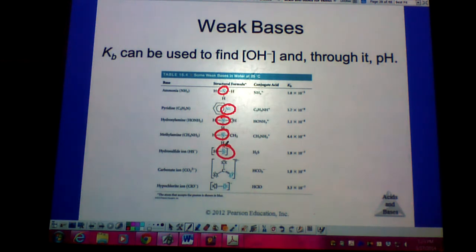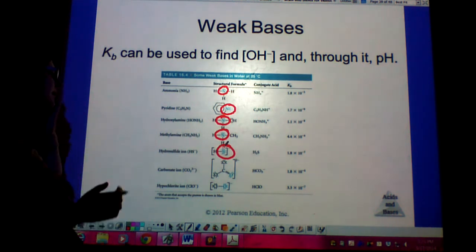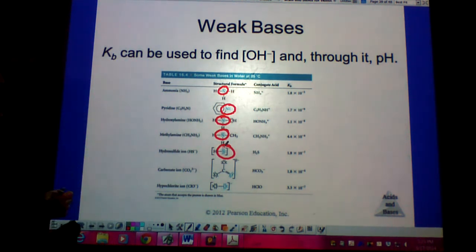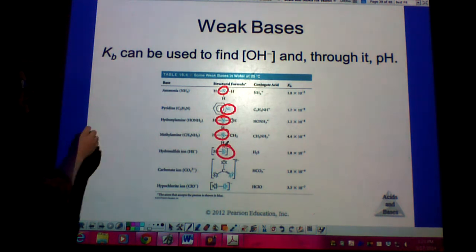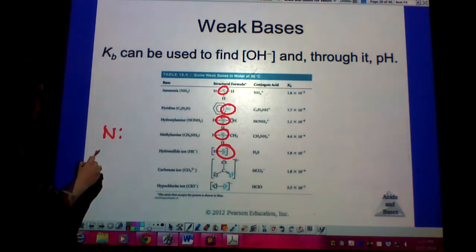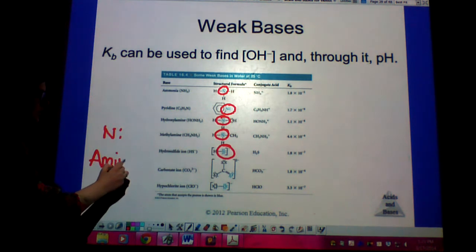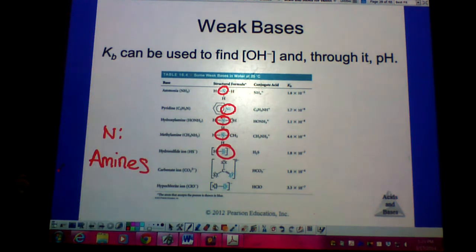Usually weak bases contain one or more lone pairs, because it's necessary for that lone pair to bond with a hydrogen ion. So most weak bases should contain a lone pair, and a lot of them actually contain nitrogen. If they contain a nitrogen that has a lone pair, a lot of weak bases classify under a group that we call amines.